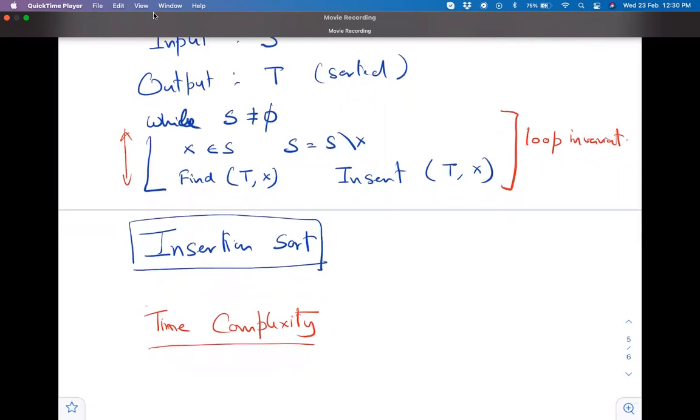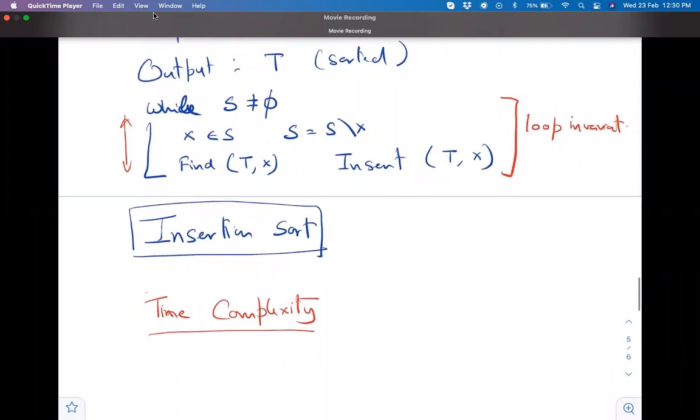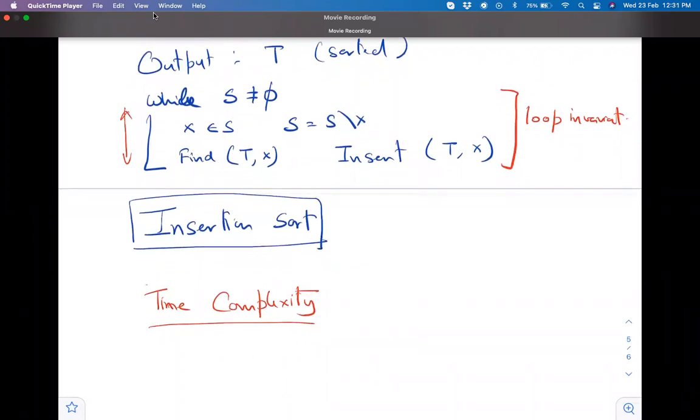And every time you are doing a find and an insert. So you can think of the upper bound as n into find TX plus insert TX.